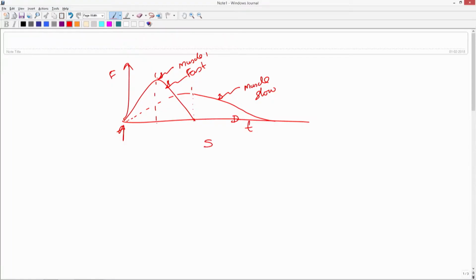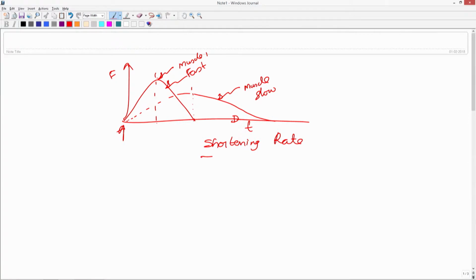Okay. So, why do the muscles have different rates? This is called the shortening rate of the muscles. The muscles generate force during shortening, it can generate force only during shortening, and there are different rates for each of the muscles. Okay. And there is a purpose why different muscles have different shortening rates.